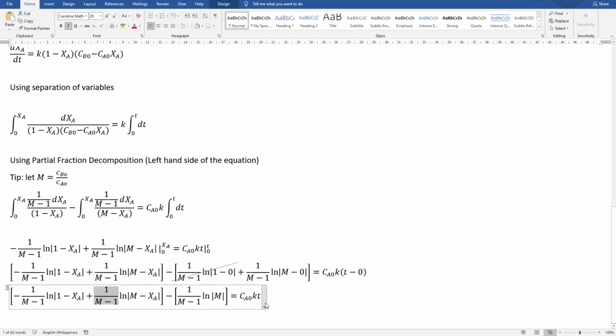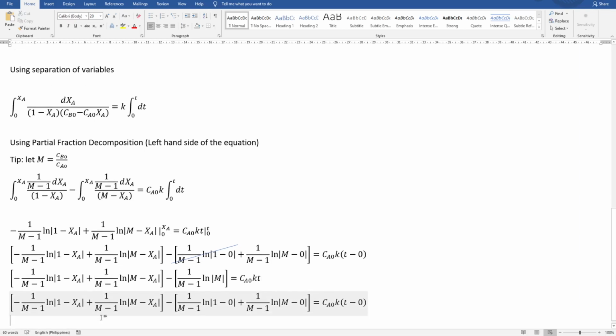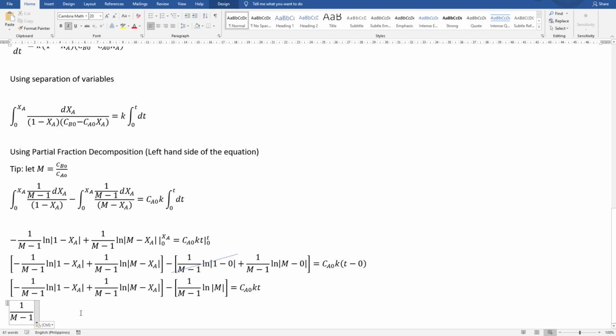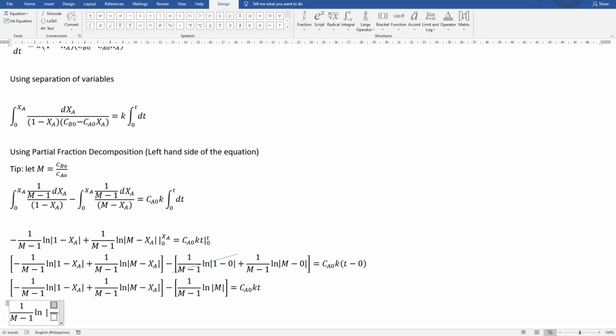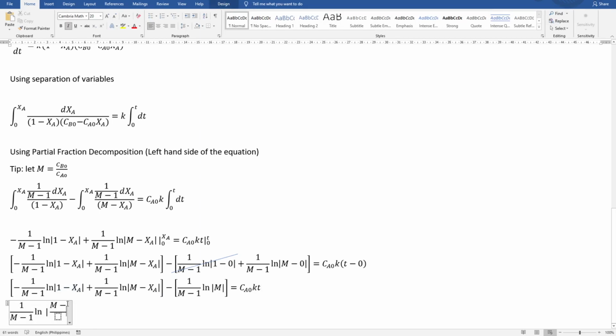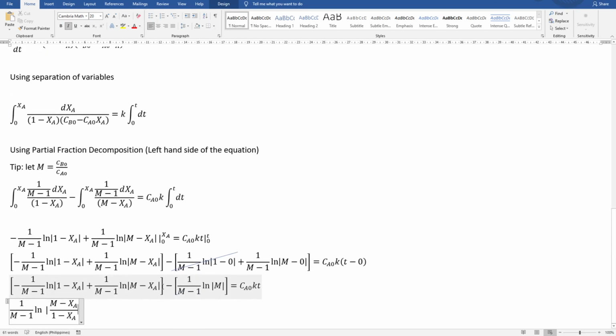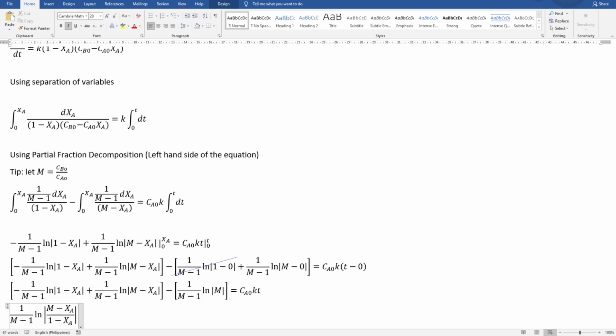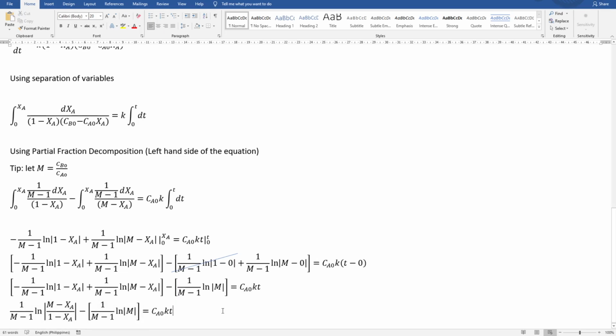So after we do simplification of this equation, we will get this one.